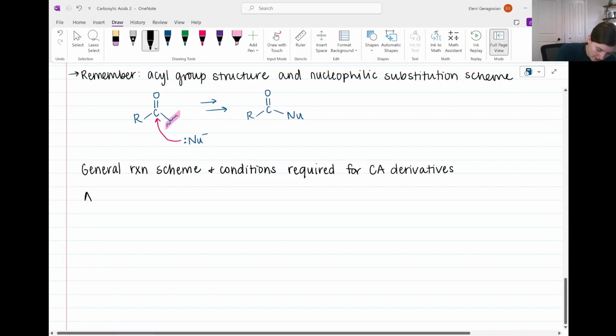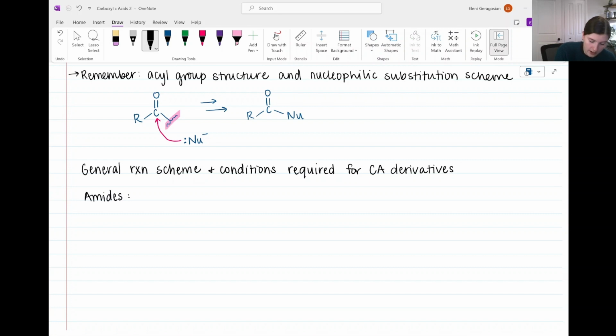So we'll start with amides. Amides have the acyl group. This is the acyl group. And then bonded to the carbonyl carbon is a nitrogen, and that can have two different R groups. Those could also be hydrogens. So this is the amide molecule.